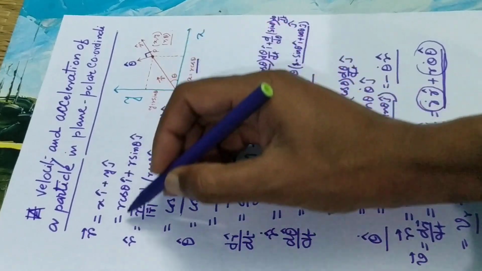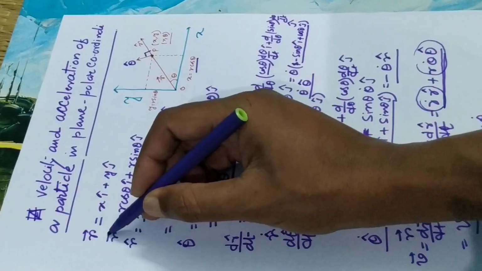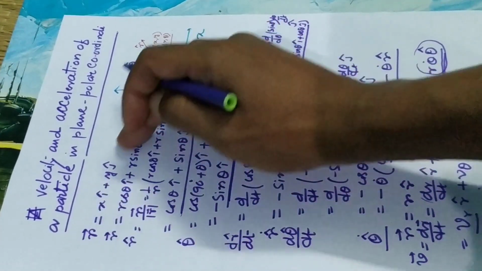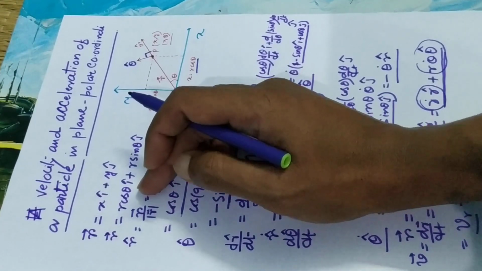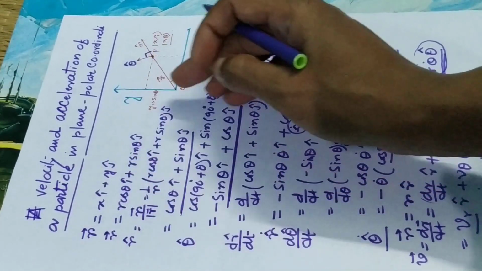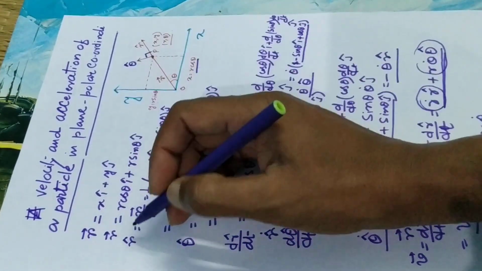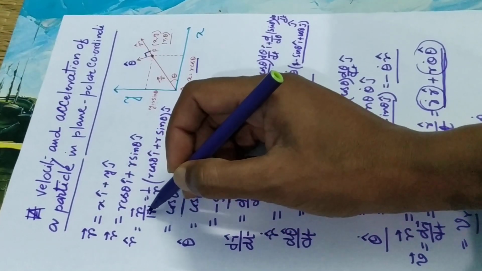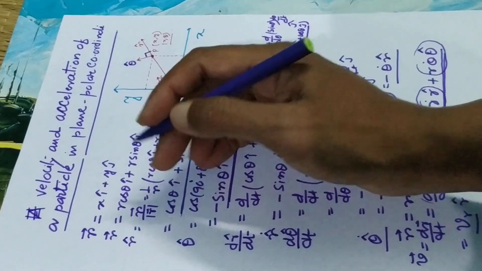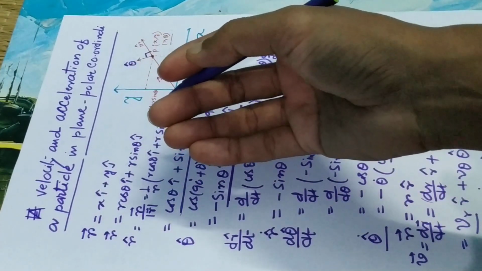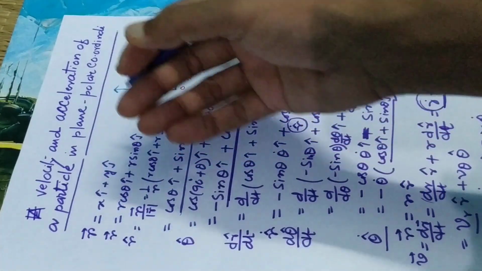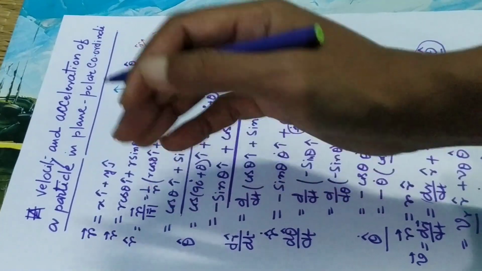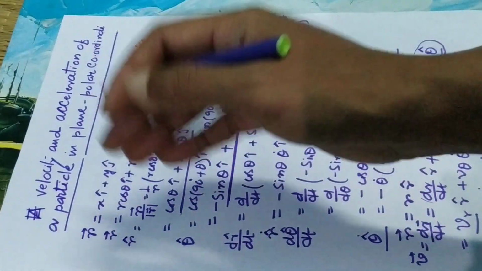So this is the position vector of the particle in plane polar coordinate system. Now the unit vector in the direction in which r is increasing, r cap, is equal to r vector by magnitude of r. If a vector is divided by its magnitude, we get the unit vector in the direction of that vector.